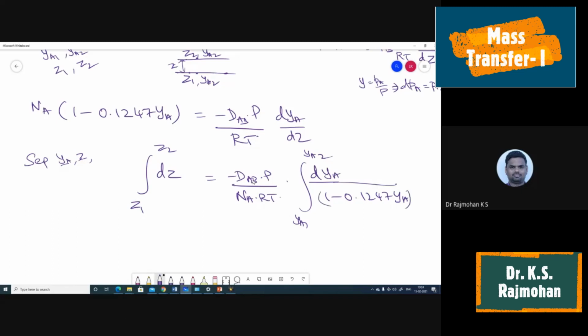So what is the formula for the integral of dx by 1 minus ax? There will be a minus coming there. Here you have 1 minus. Ln of 1 minus 0.1247 YA2 divided by 1 minus 0.1247 YA1.